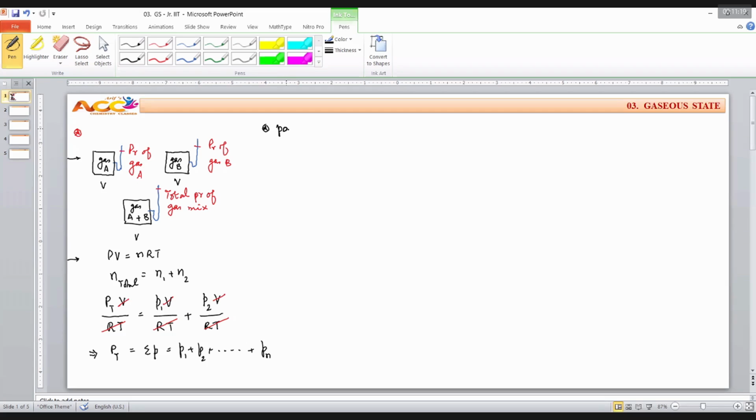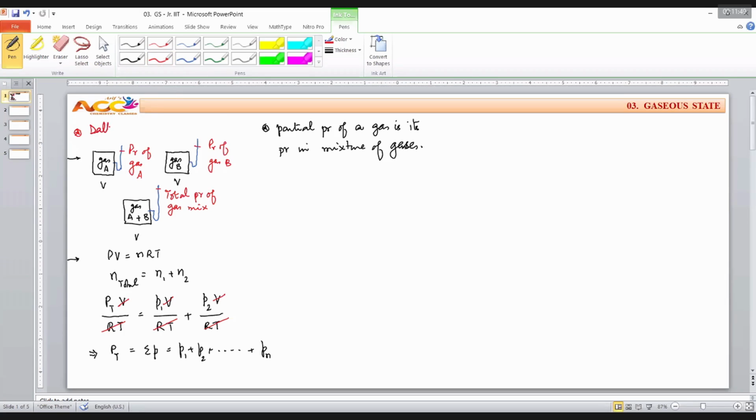Partial pressure of a gas is its pressure in mixture of gases. Pressure of a gas in mixture of gases. This is called partial pressure. Right? Now, what is this law? This law is known as Dalton's law of partial pressure.